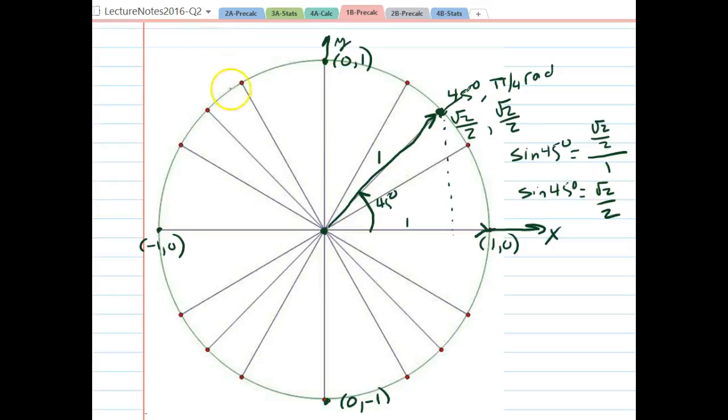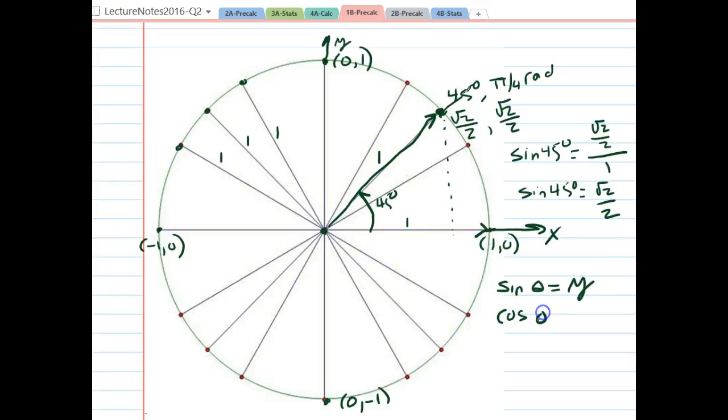In fact, if we memorize what these ordered pairs are along the unit circle, where these are all length 1, then basically what we can say is, notice here, since this is a 1, as we go around the unit circle, sine theta is always going to be equal to the y value of the coordinate along the outside of the unit circle.